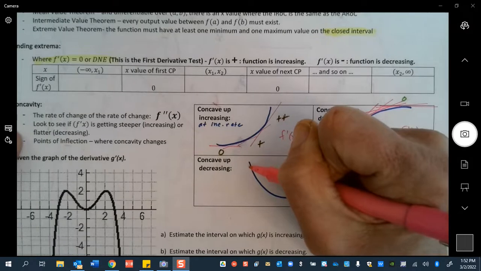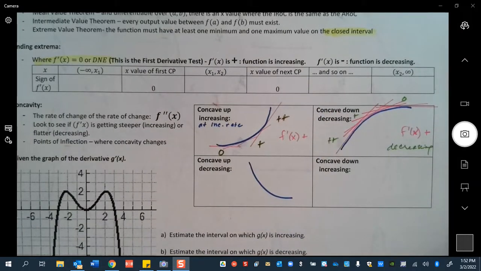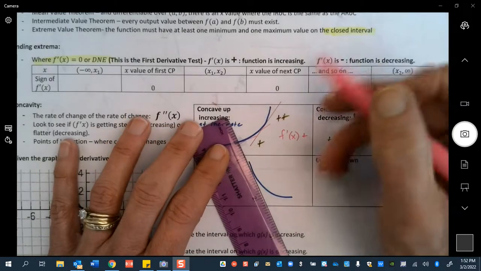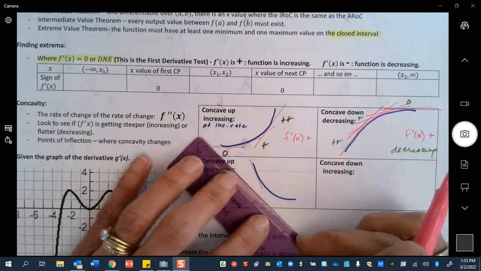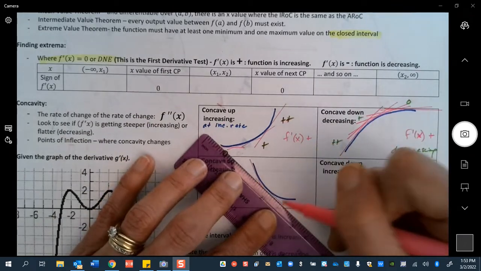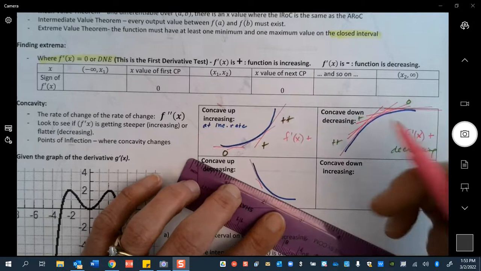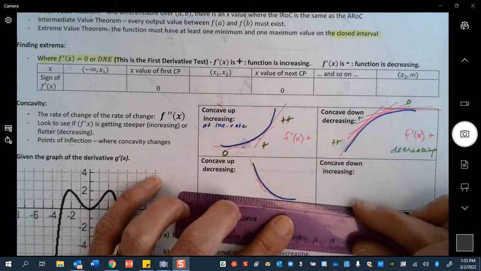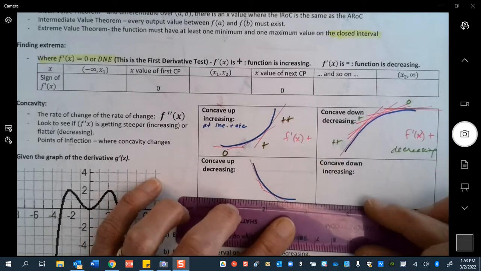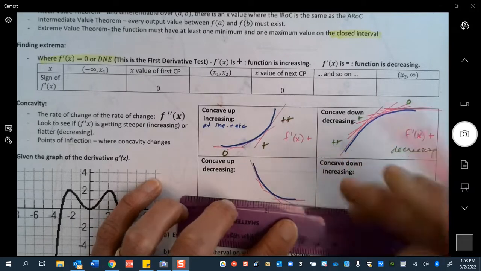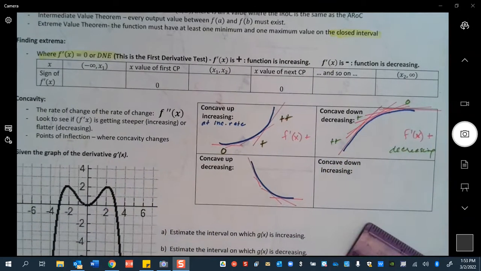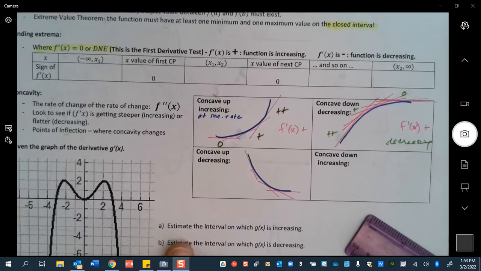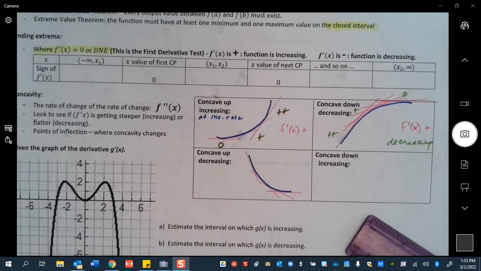Because what ends up happening is my tangent line, even though my function is decreasing, my value of my tangent line is negative, but it's getting bigger.